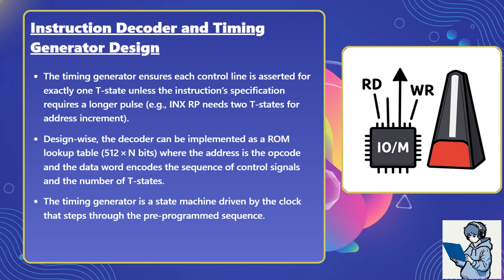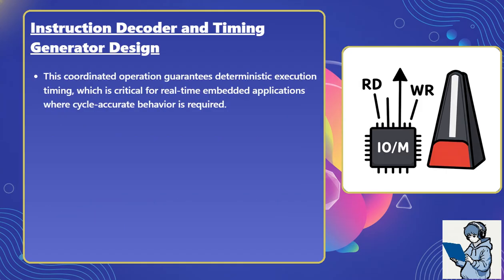The timing generator is a state machine driven by the clock that steps through the pre-programmed sequence. This coordinated operation guarantees deterministic execution timing, which is critical for real-time embedded applications where cycle-accurate behavior is required.